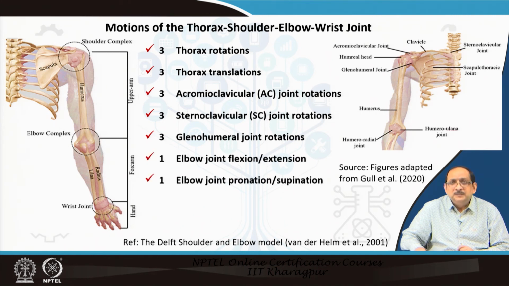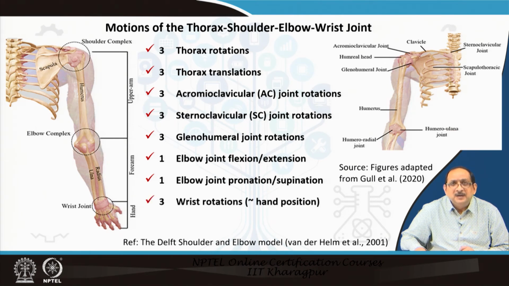The elbow has one motion corresponding to flexion extension, and the other movement is pronation supination. So, one each for these 2 movements. The wrist can have 3 rotations depending on the hand position.